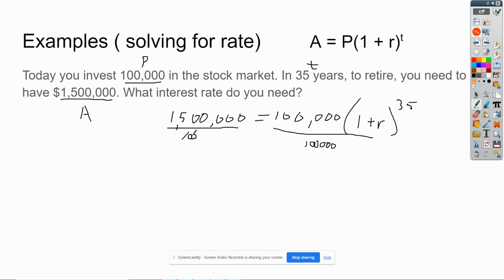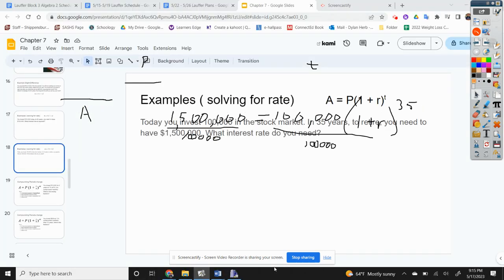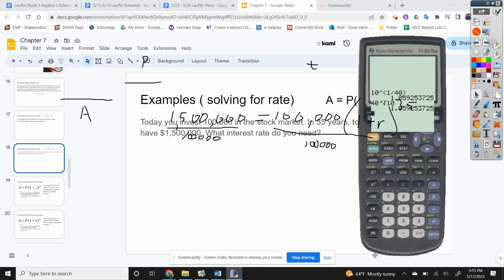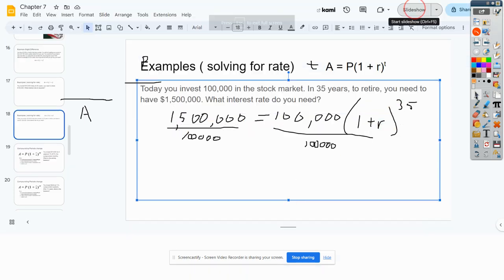You might need to use a calculator to do this. 1,500,000 divided by 100,000 should be 15. Perfect. That's what I expected.